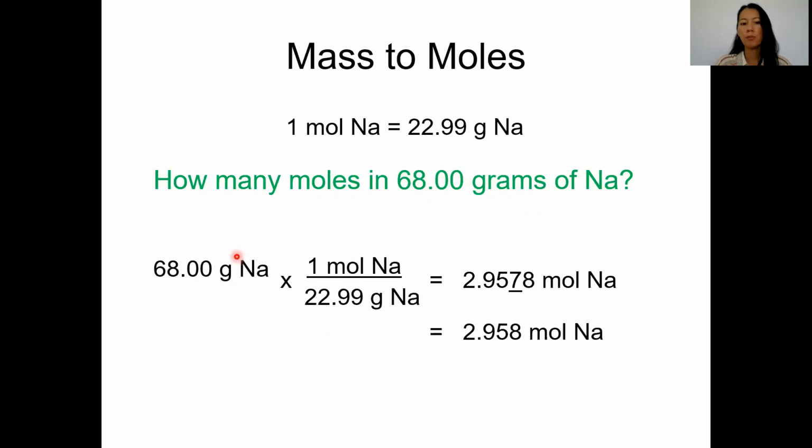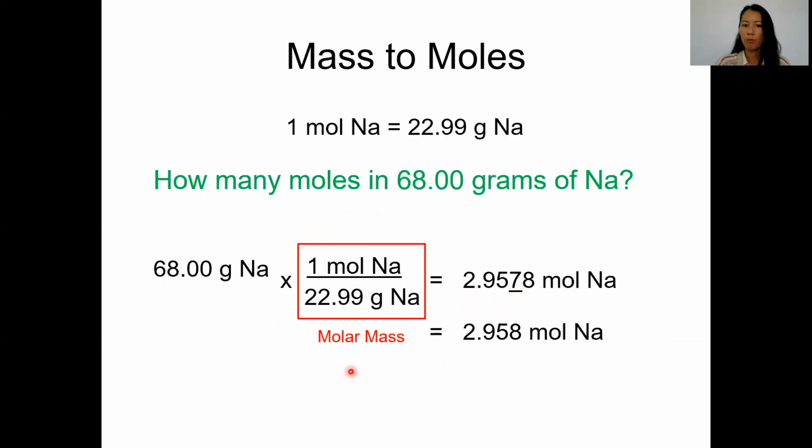The only way to do that is put grams in the denominator and moles in the numerator. I can do that directly using molar mass. Using the molar mass of sodium, keep the 22.99 with the grams, and it's always 1 mole for molar mass. Crunch the numbers, you get this. I tracked 4 sig figs, so I put a line, but I carried out at least 1, and then I gave my final answer below.